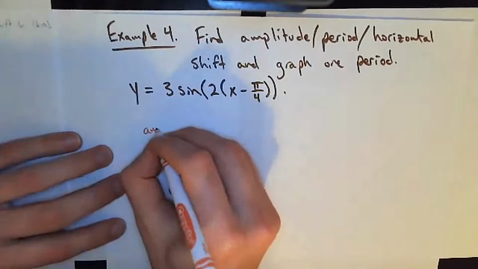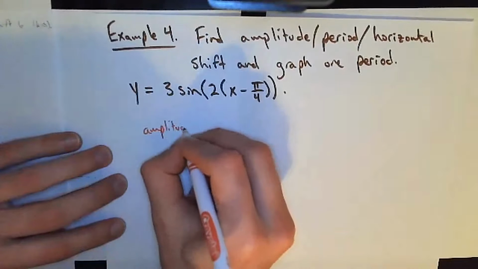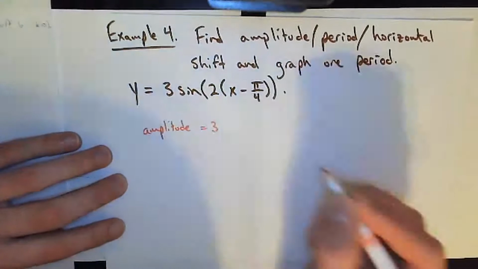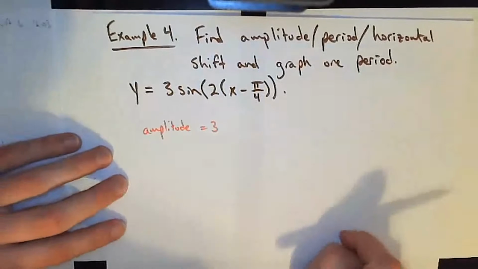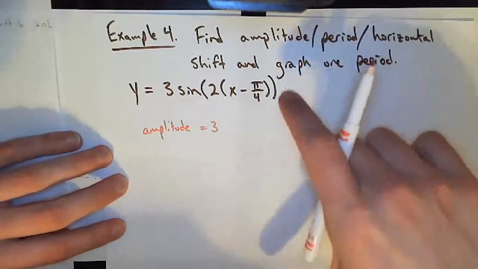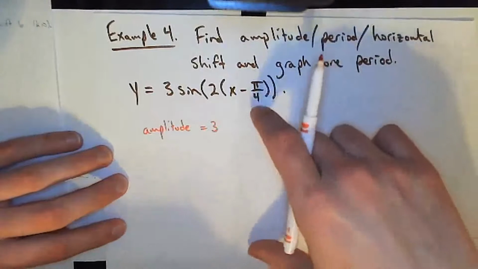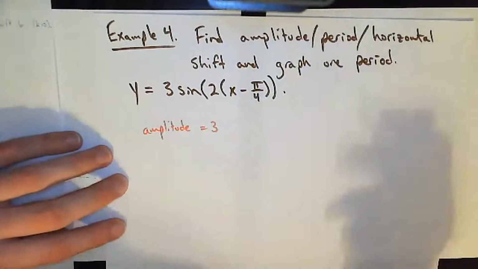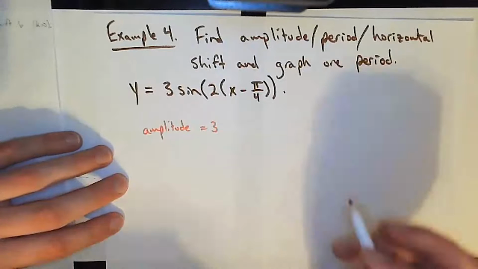Let's say, first of all, amplitude is equal to 3, just straight up that number. That's going to tell you the peak and the lowest point, those extreme values of your outputs, 3 and -3.